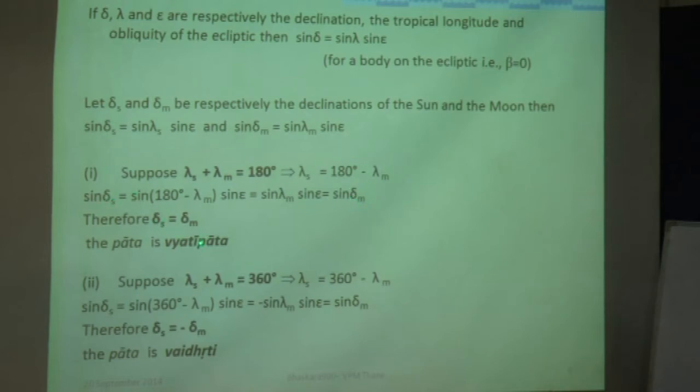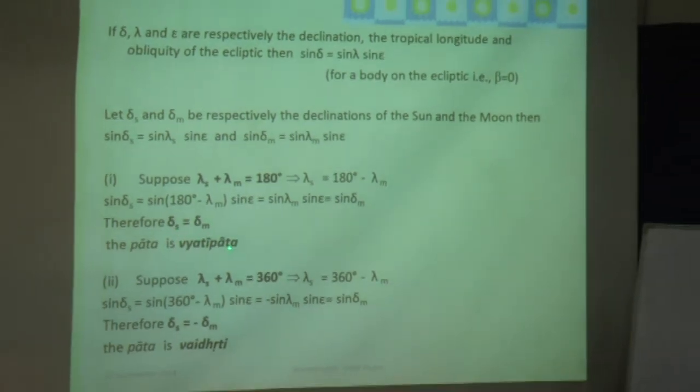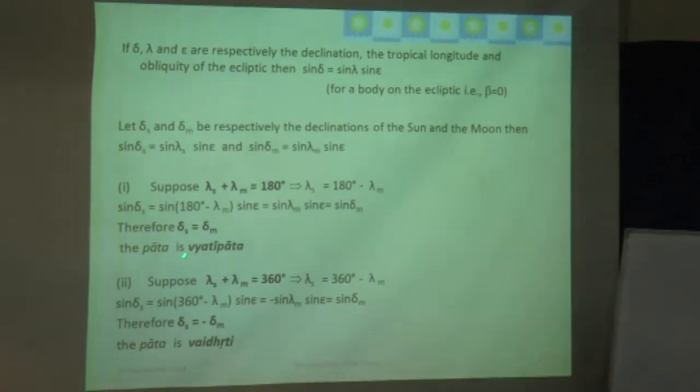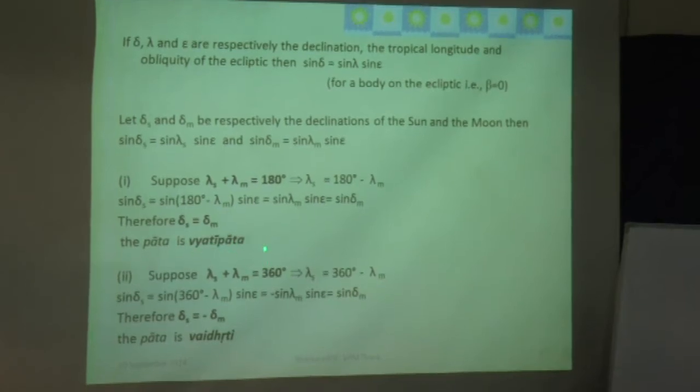With this, we come to the result that delta S equals delta M. This is the condition for the Vyatipata. In the same way, when the sum of the tropical longitudes of sun and moon equals 360 degrees, lambda S equals 360 degrees minus lambda M. Substituting this value in the same formula, we get sine of 360 minus lambda M into sine epsilon.